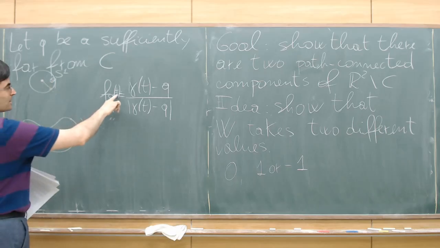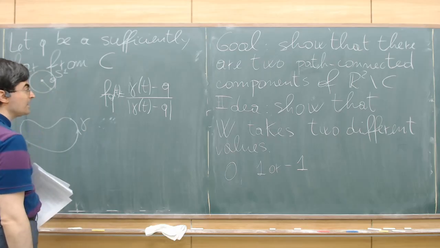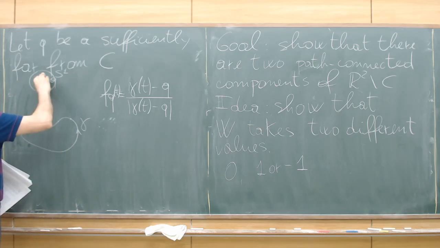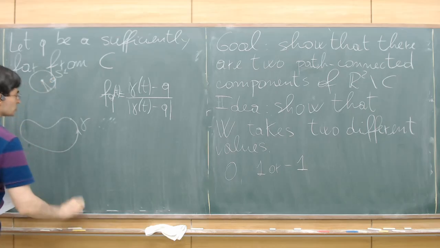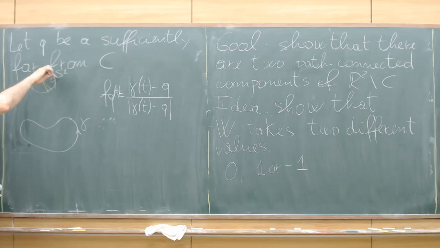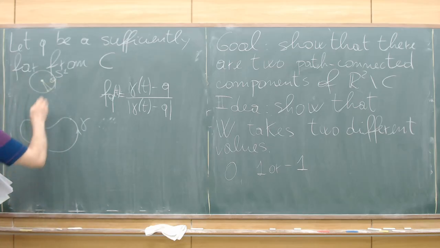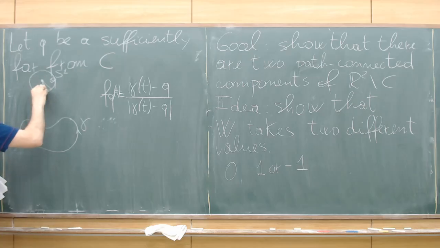So if I let t vary in AB, I will get the vectors which trace the bottom half of S1, and so on.